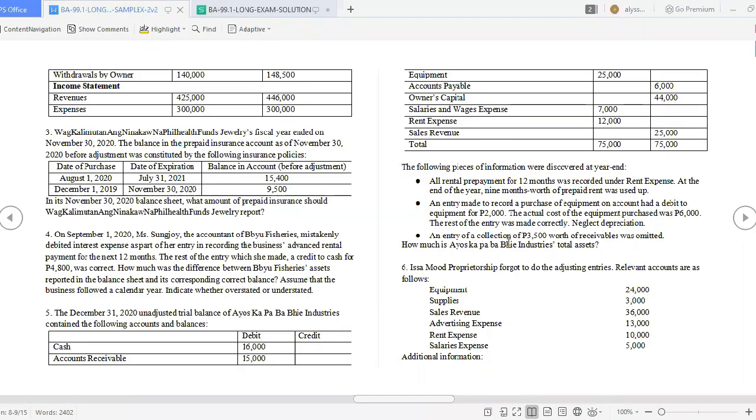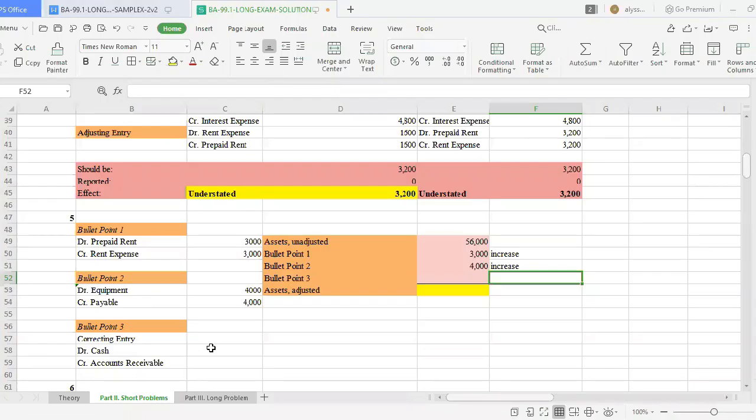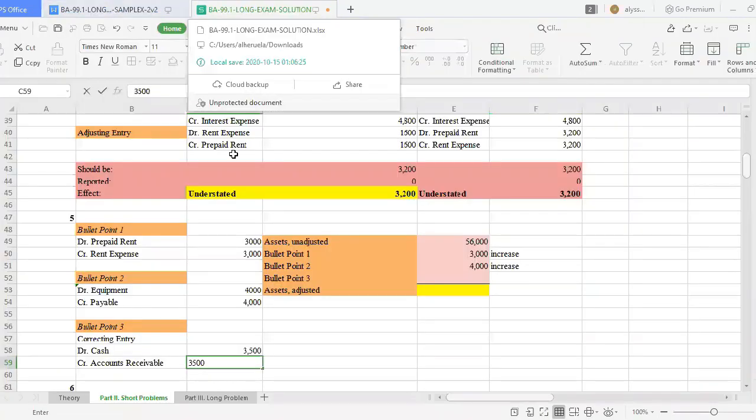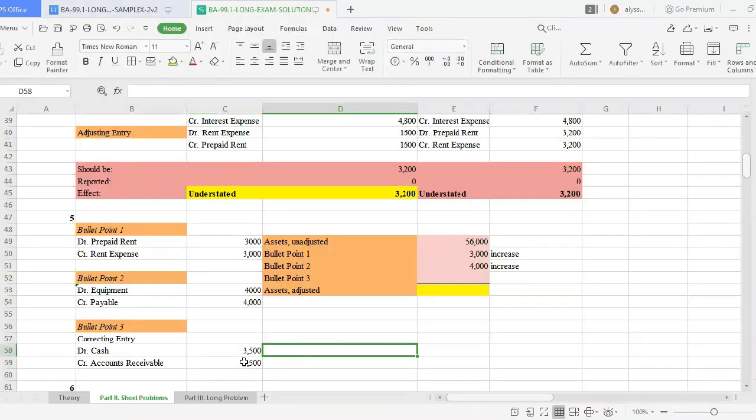And lastly, an entry of a collection of 3,500 worth of receivables was submitted. So we should record the cash received, and then recognize the accounts receivable as collected. So that's 3,500 debit to cash, 3,500 credit to accounts receivable.